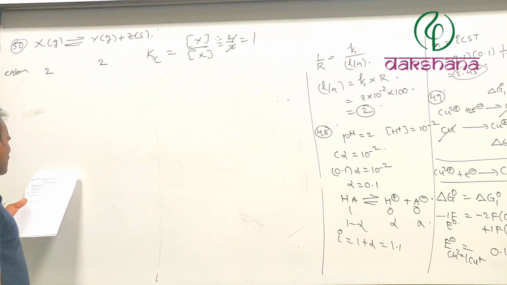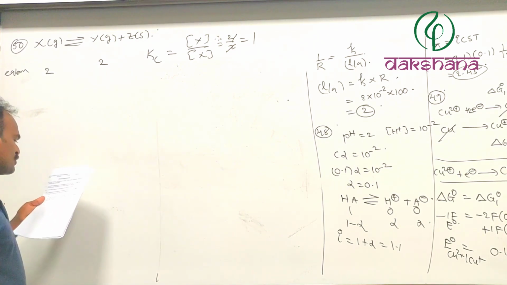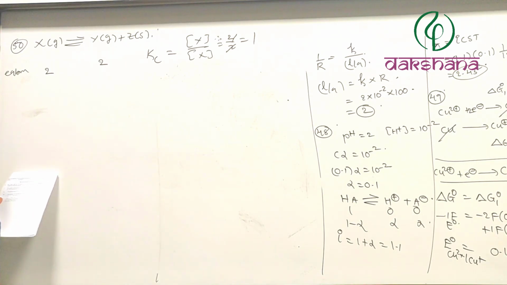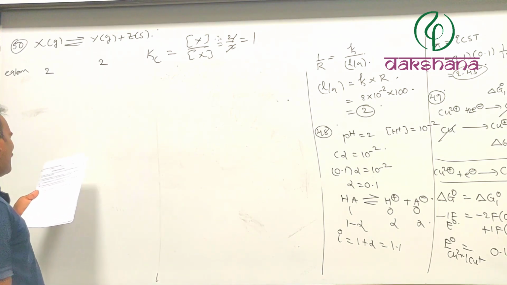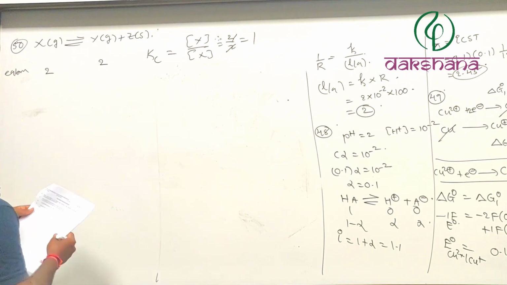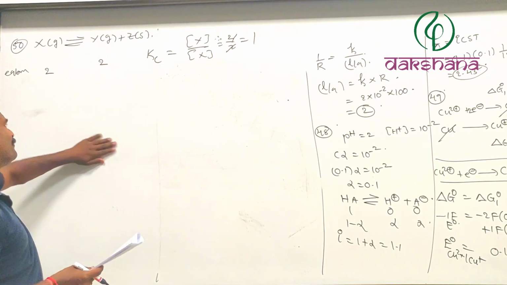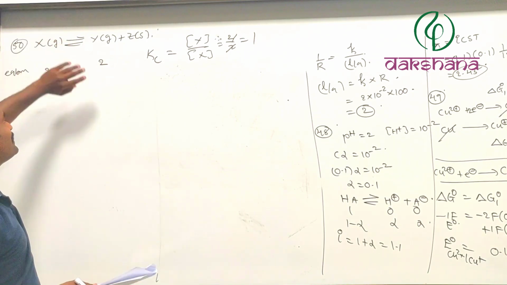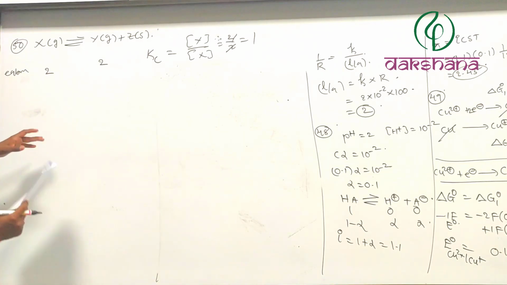How many moles of X can be added at equilibrium so that the equilibrium concentration of Y becomes 2.5 moles per liter? Given that this is 2 moles per liter, the overall container is assumed to be a 1 liter container.